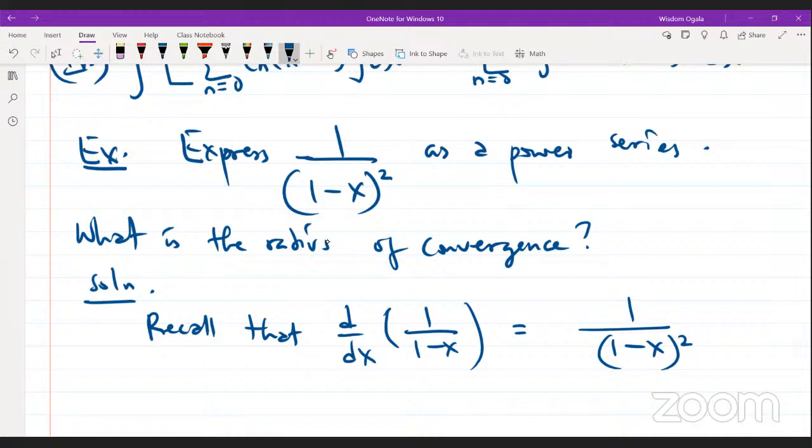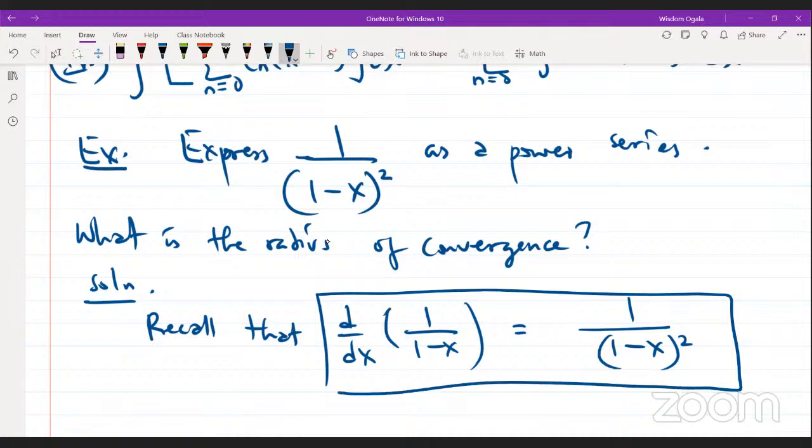Let me box this guy so that you can be familiar with it. What is the difference between what we're doing right now and what we did before? Before, we had 1 divided by 1 minus x being equal to a power series. But in this example, things are slightly different because we have 1 divided by 1 minus x all squared on the bottom.